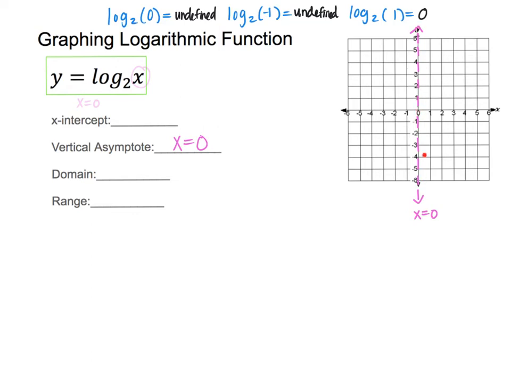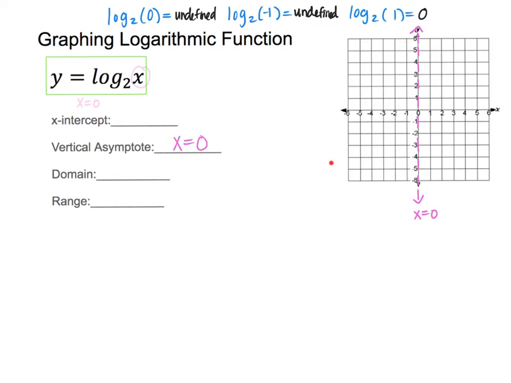So vertical lines or vertical asymptotes are up and down, and they are represented with x's instead of y's. And so because it hits it at x equals 0, that's why this is x equals 0.